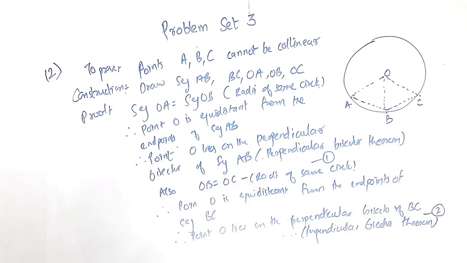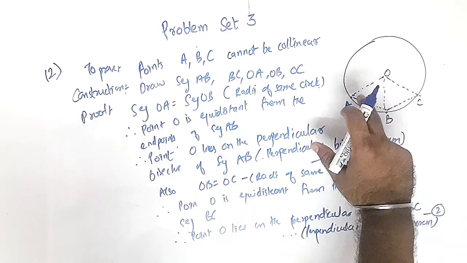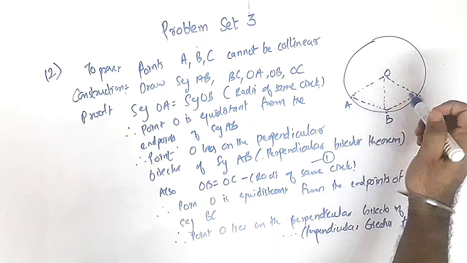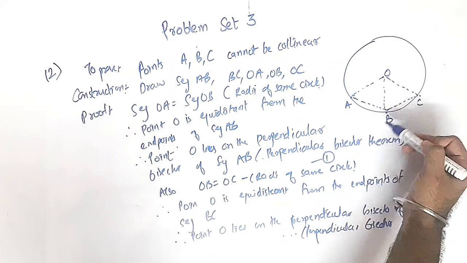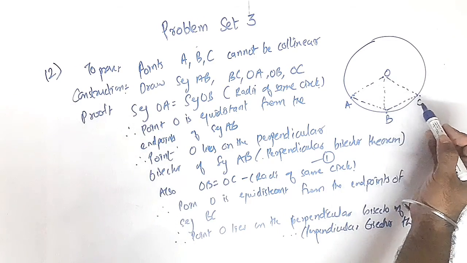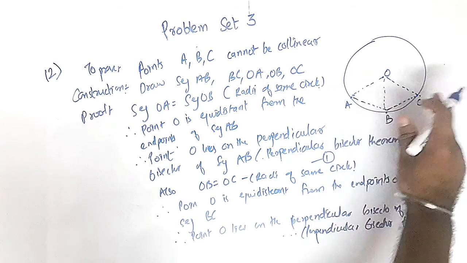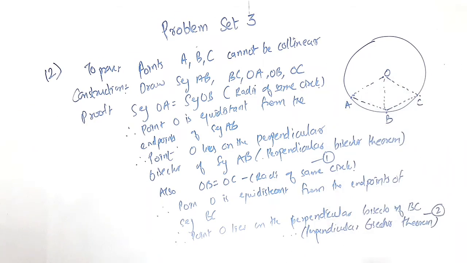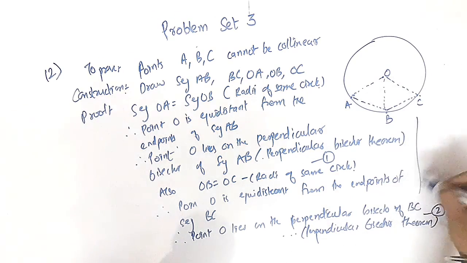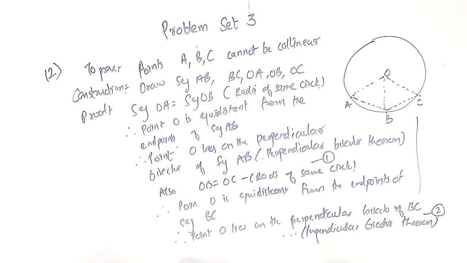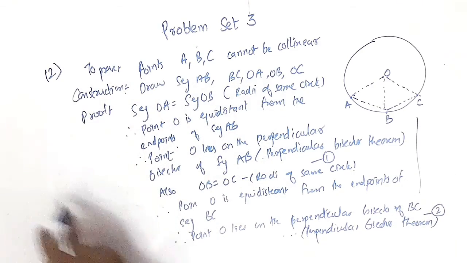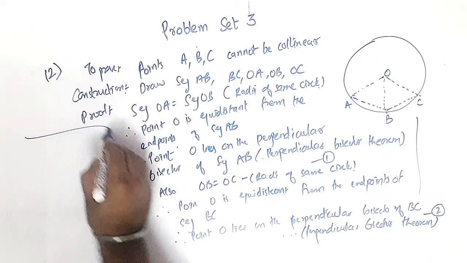Now if you see, O is the common point of perpendicular bisectors of AB and BC. So therefore perpendicular bisectors of AB and BC intersect at point O. Correct? So I'll write here, I'll use this space.